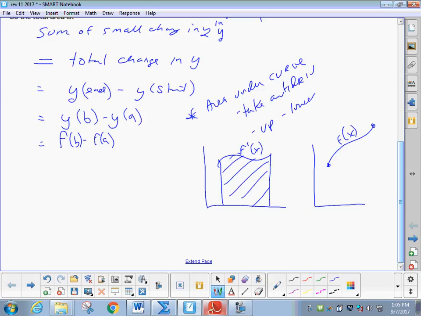I don't know what f of x looks like, I'd have to take the antiderivative, but if I graphed it to scale and looked at the difference between f at a and f at b, this distance would be exactly equal numerically to that area.